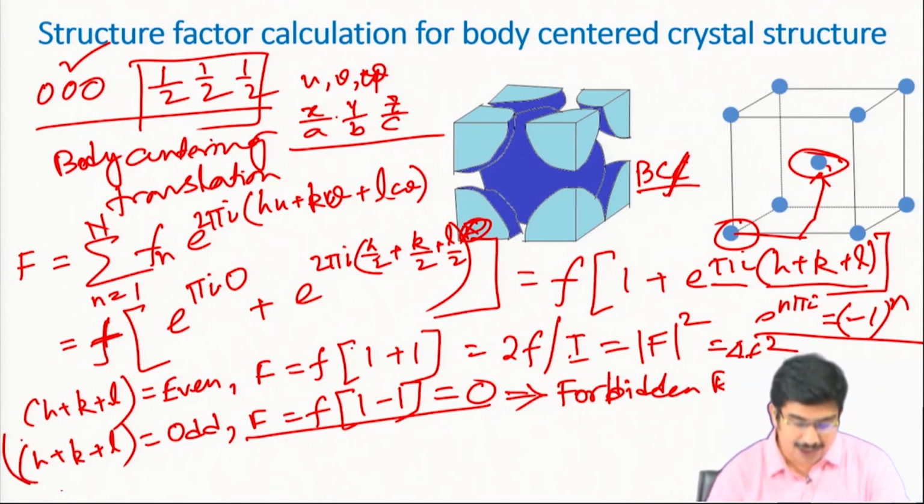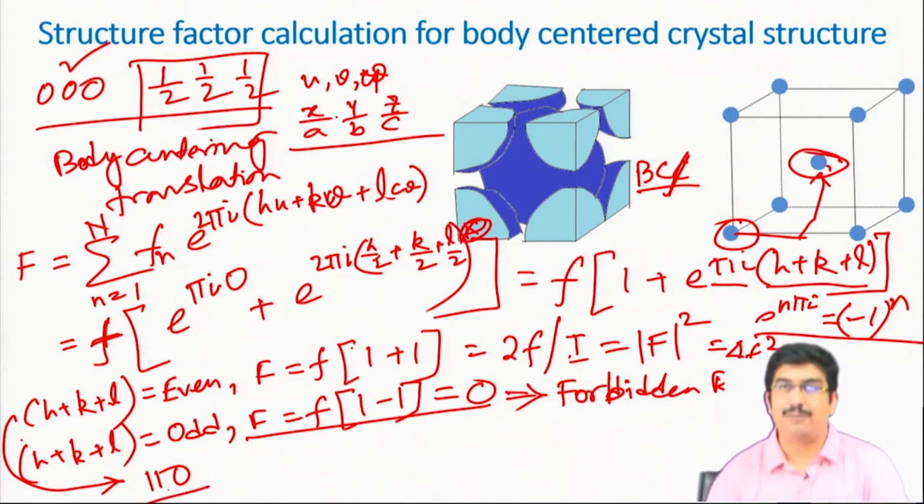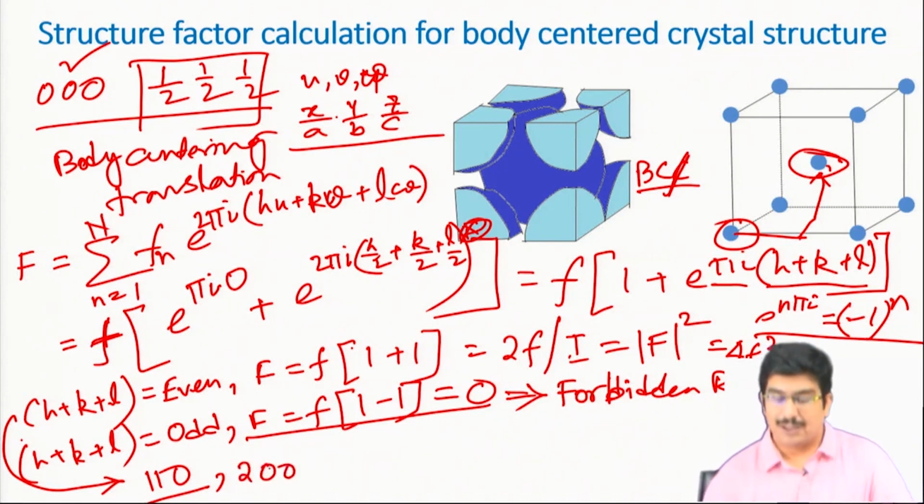So what gives us this combination, h plus k plus l equals even? For example, if we took something like 1 1 0, 1 plus 1 plus 0 comes out to be an even number, so this will be giving us a reflection. The next one we can check is 2 0 0, again this is coming out to be even.